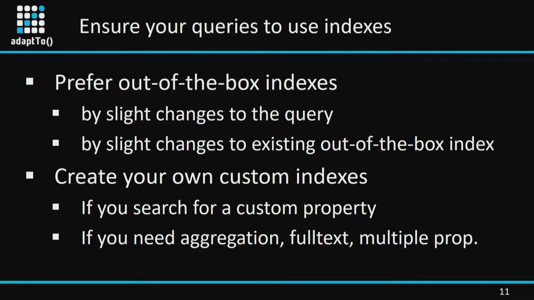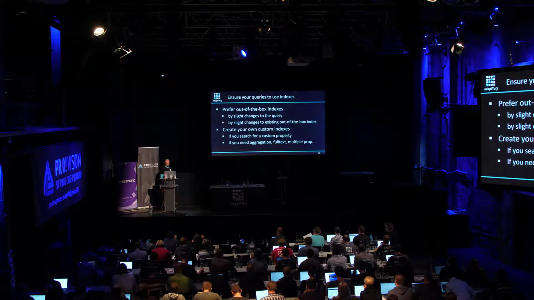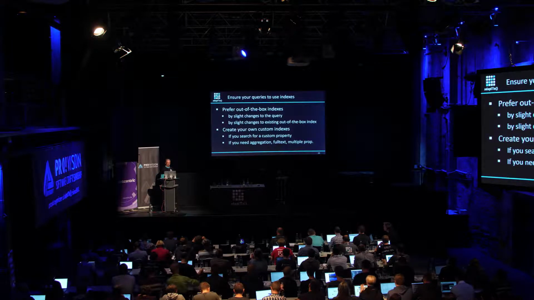There are certain circumstances that let you decide to create your own custom indexes. For example, if your application constantly searches for a certain custom property, something like an identifier you are looking for every time, then create your custom property index.